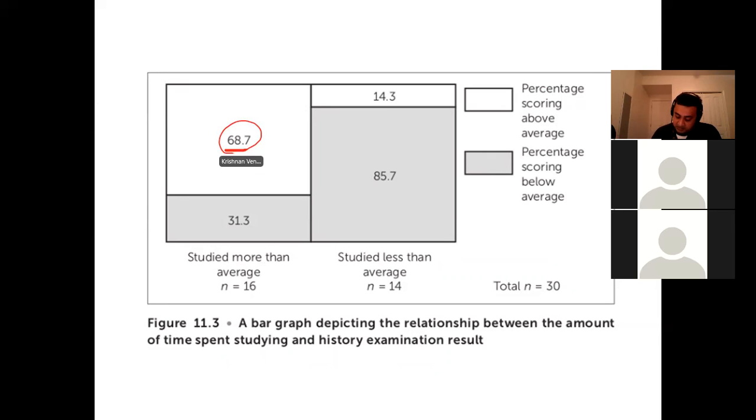So this percentage of students who studied more than average got above average marks, and this percentage of students, despite studying less, got an above average mark, and vice versa here. So on. So this is the percentage method to use, like a plot, or it could be a bar graph as well. If you had a percentage scale drawn on here, you could have a percentage scale here as well.